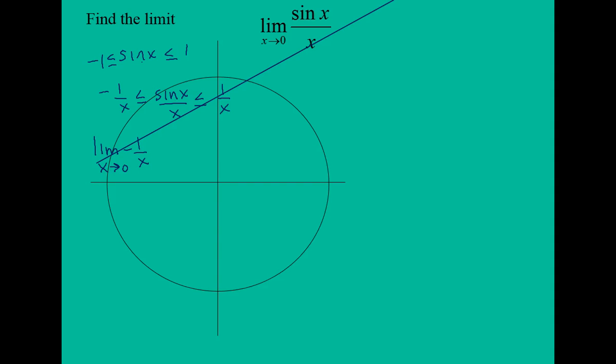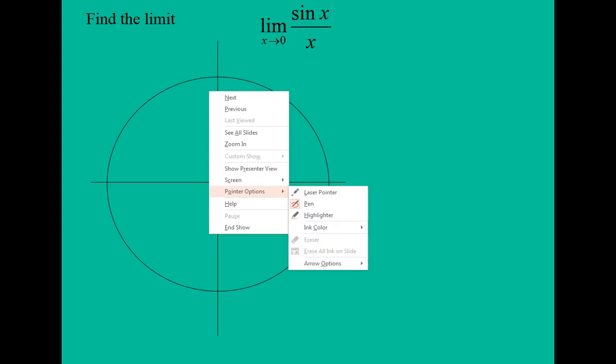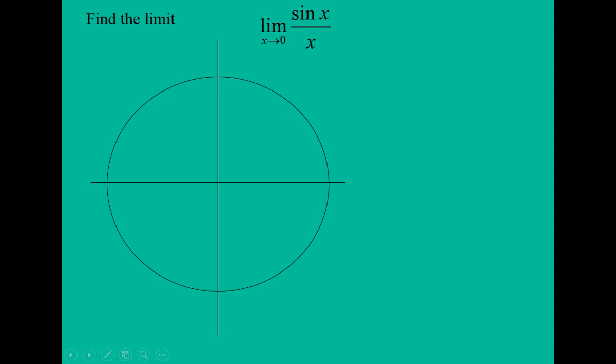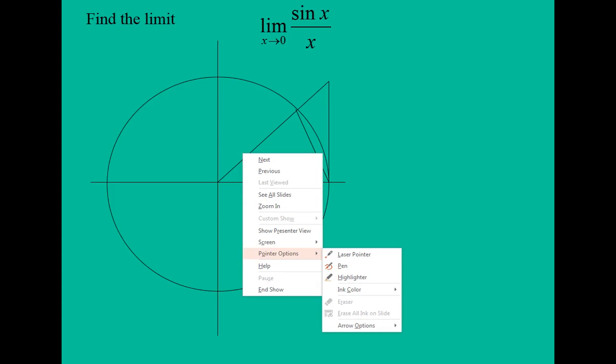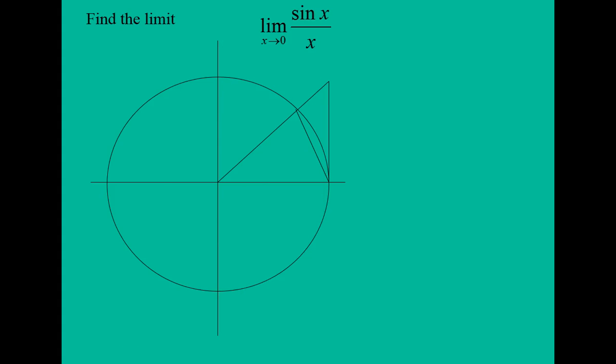So we are going to do this one geometrically. What we're going to do is look at 3 geometrical figures and see how their areas can be used to show the squeeze theorem for this problem. Now, we see 3 different figures here. We have this large triangle here.